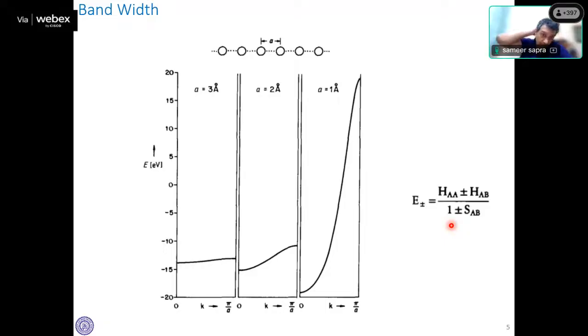What you're also sometimes seeing when you're looking at the dispersions is that some dispersions are really, really wide, whereas some of them happen to be narrow. One of the reasons is that it depends on how much the overlap is, the overlap between the two atoms, or the two orbitals, the neighboring orbitals.